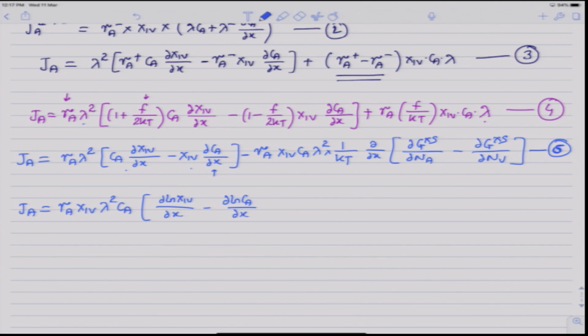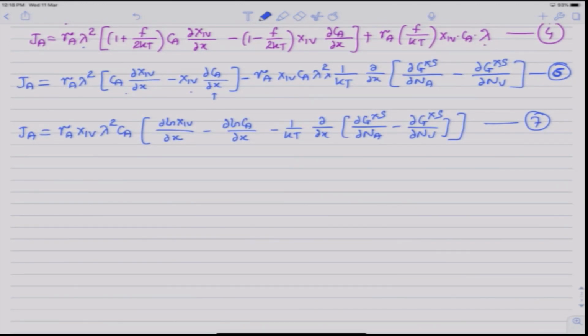This one we can write as minus 1 by kT dou by dou x of dou gxs by dou Na minus dou gxs by dou Nv. Let's denote this as equation 7.